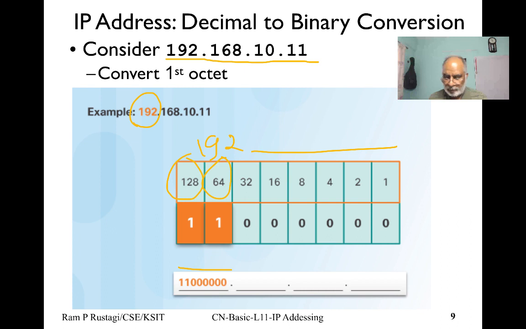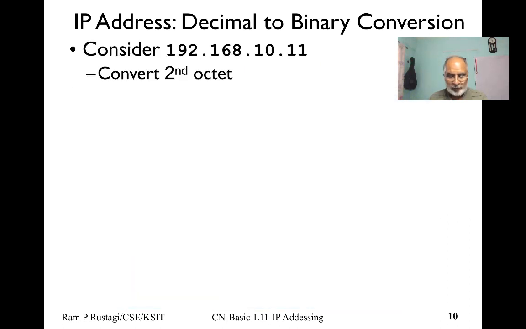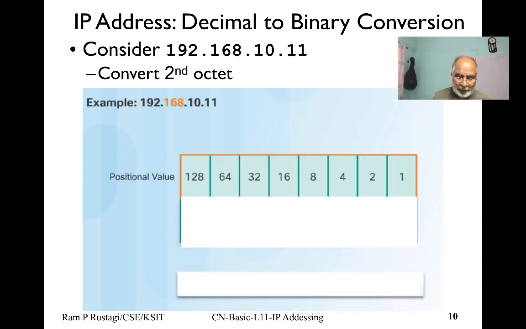Now let's repeat the process. Look at the second byte or second octet, the second value 168. So please pause the video and work out your decimals. Look at which of these bits corresponds to 168. When you've worked it out, verify your answers.